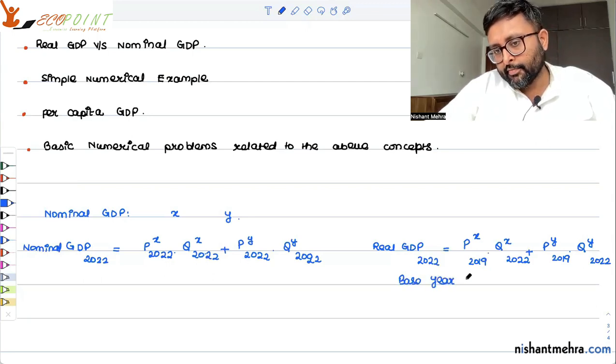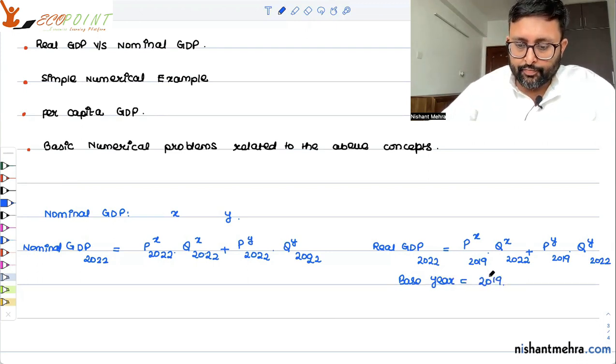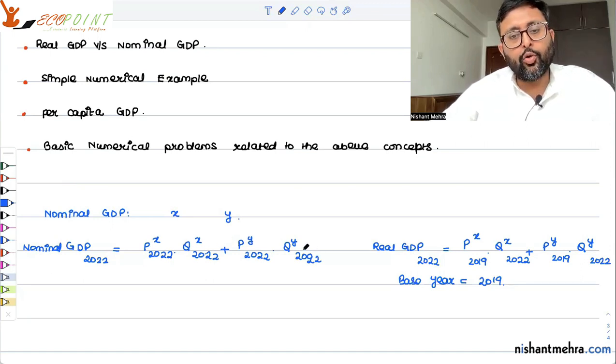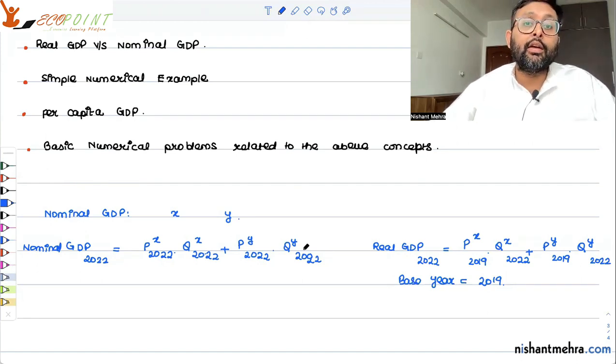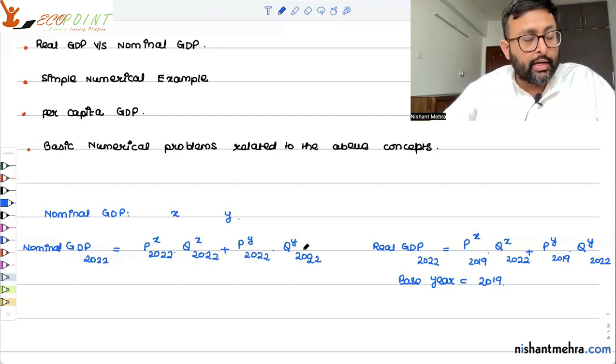So just think about it, that even if the quantities of 2022 were the same as the quantity produced in 2019, but the prices in 2022 have increased, then the nominal GDP is going to increase, but that's of no use to us.